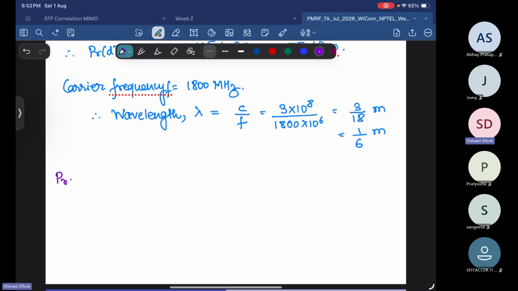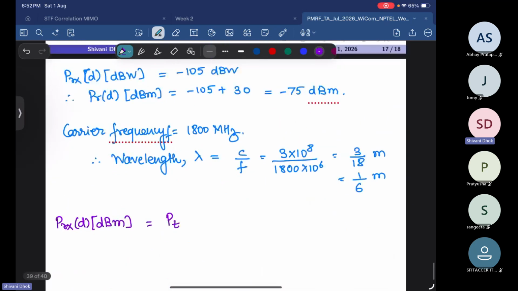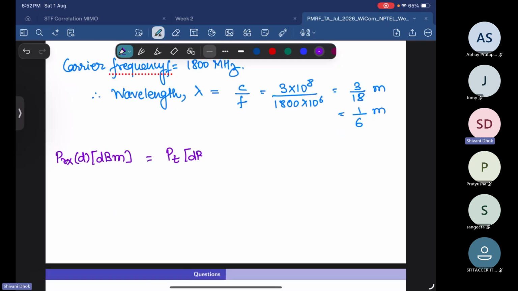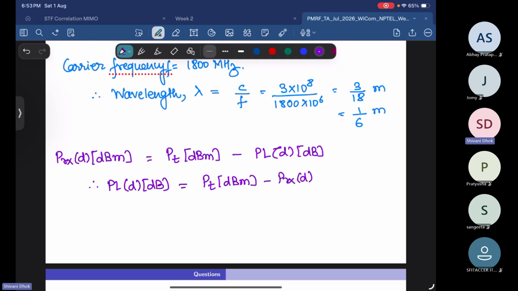So your receive power at distance d in dBm is given by your transmit power in dBm minus the path loss in dB. Path loss at distance d in dB. So therefore, the path loss at distance d in dB is given by the transmit power in dBm minus the received power at distance d in dBm.